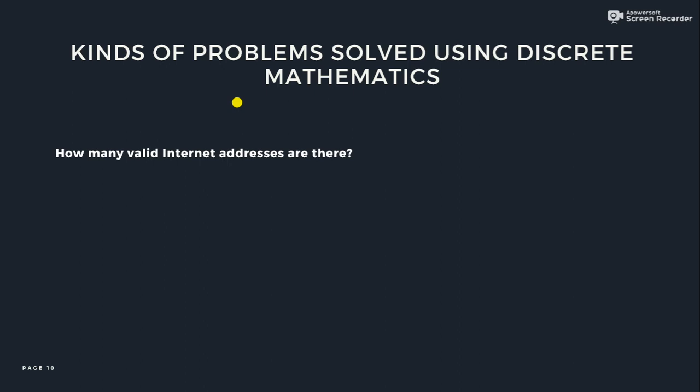Another type of problem is how much time is required by a computer to do a sorting algorithm. Especially this knowledge of discrete mathematics is used to calculate the time complexity of an algorithm.